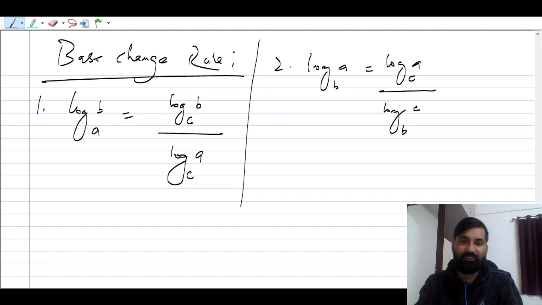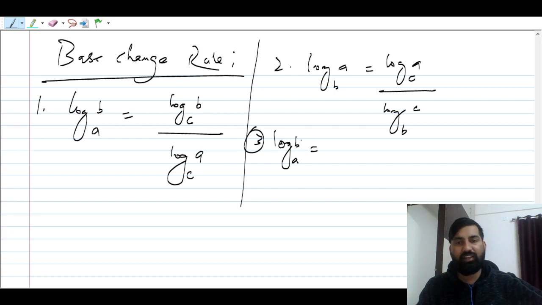The new log base that you are introducing is c, so you can write it like this. This is a second property, which is from the first. Now suppose the third is given, log b base a, you can also write this as, if you interchange base and the number, it becomes log a base b, take the reciprocal. That is very important to keep in mind.